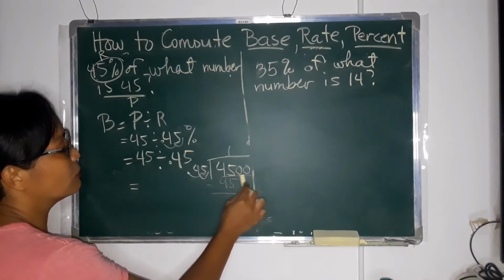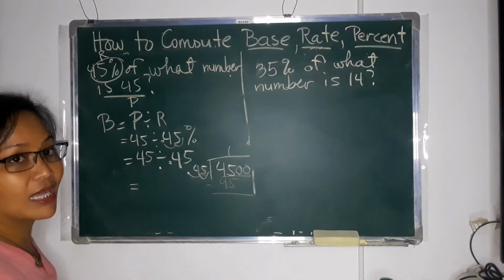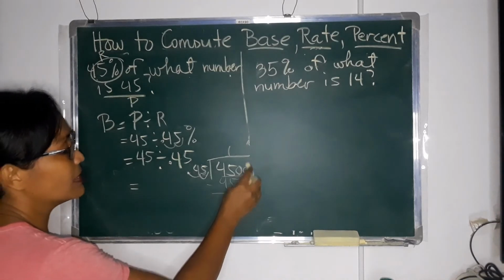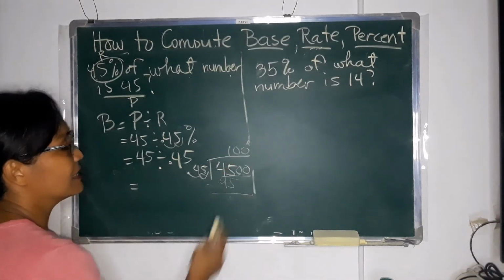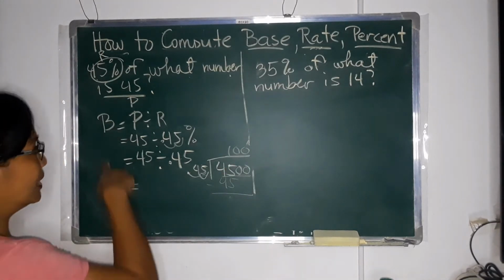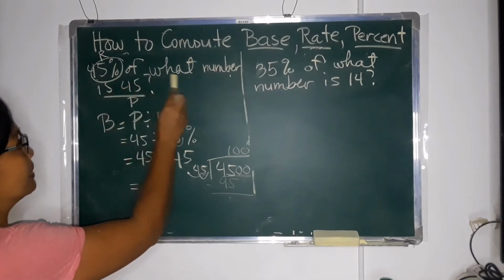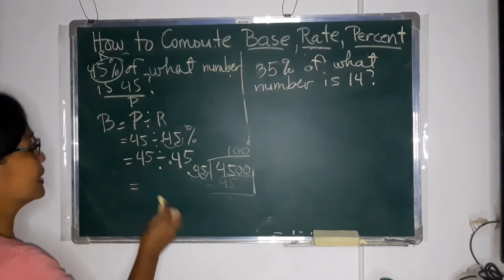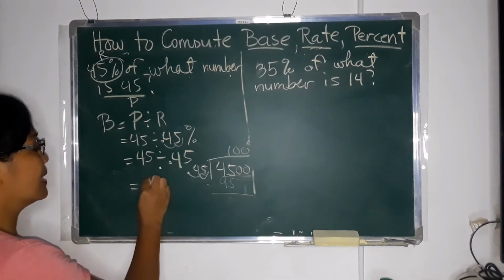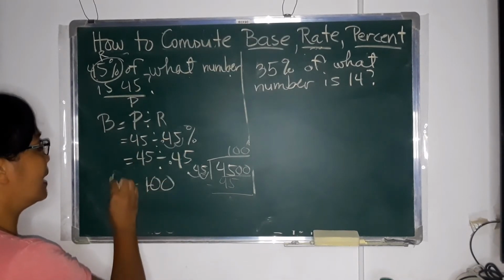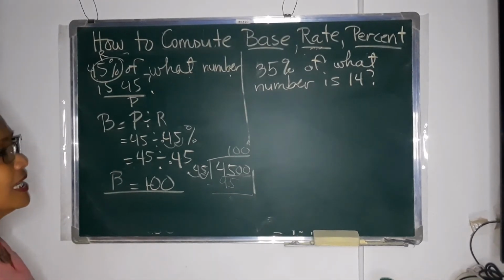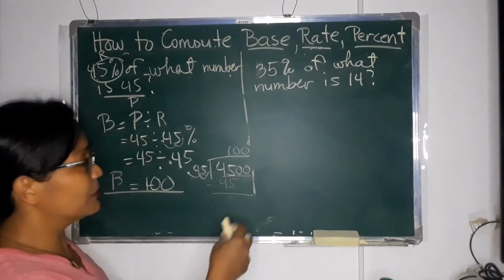So, kung napapansin nyo, kung zeros na lang ang natira on the right, at saka wala ng remainder dito, yung dalawang 0 dito, idagdag na lang dyan. Okay? Therefore, 45% of 100 is 45. So, this is 100 ang ating base.